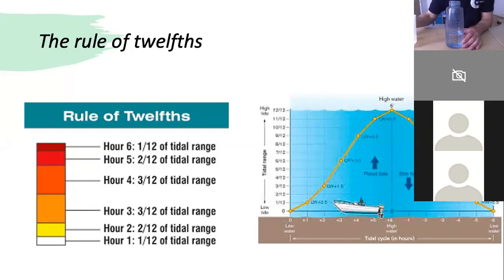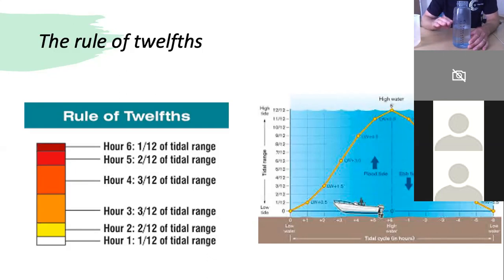So you can see that's a lot of water moving in now. By 4 o'clock, remember it takes just over 6 hours for the tide to go from low tide to high tide, it will come in another 3/12. And then the rate the tide comes in starts to slow down.